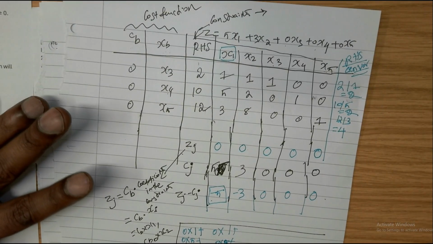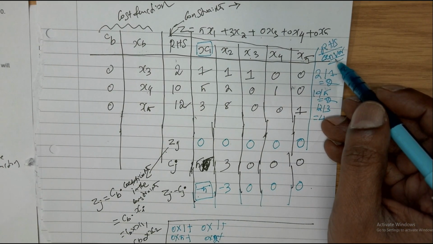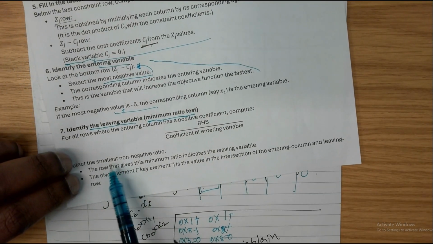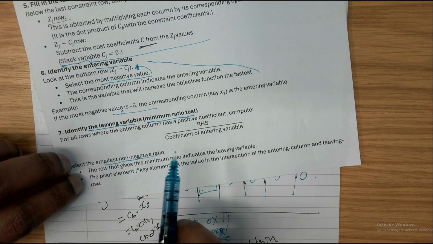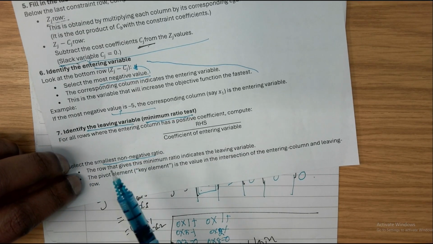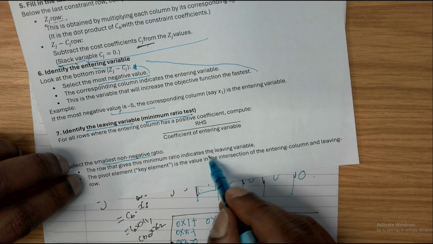So now we calculated the right hand side divided by the coefficients of the entering variable, the ratio. And now we have to select the smallest non-negative ratio. It should be a positive quantity, and it should be the smallest number among the positive quantities. That corresponding row indicates the so-called leaving variable.